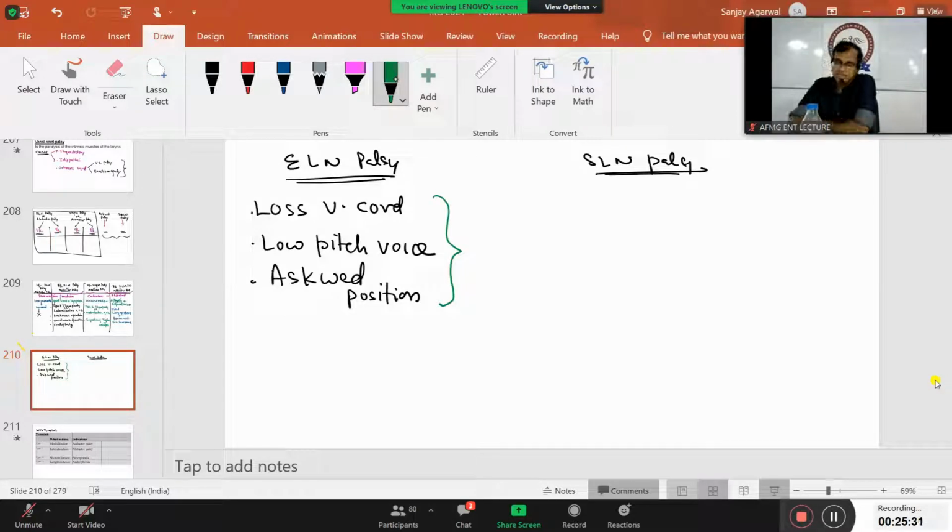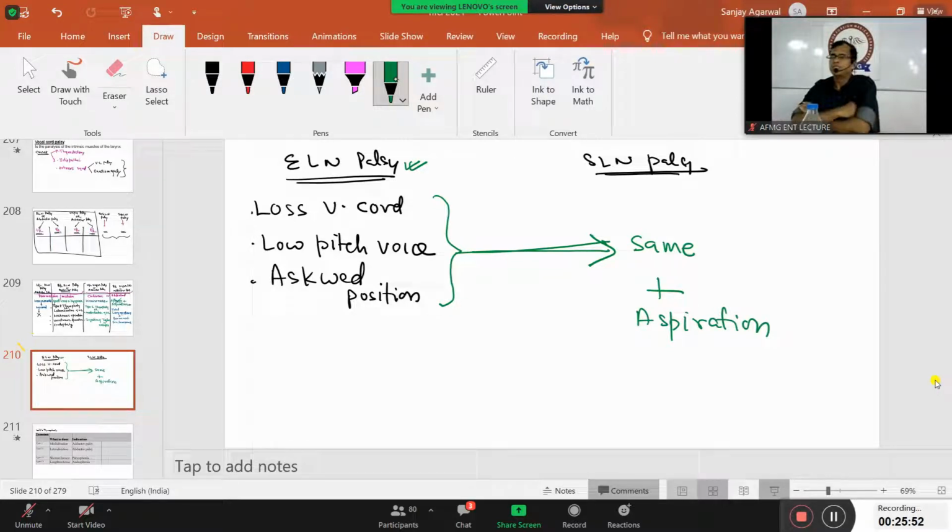See, external is a branch of superior, am I right? So all this will happen, the same. In external, all this will happen, plus aspiration. That means in superior laryngeal nerve palsy, there will be low pitch voice, loose vocal cord, aspirate position, and aspiration also.